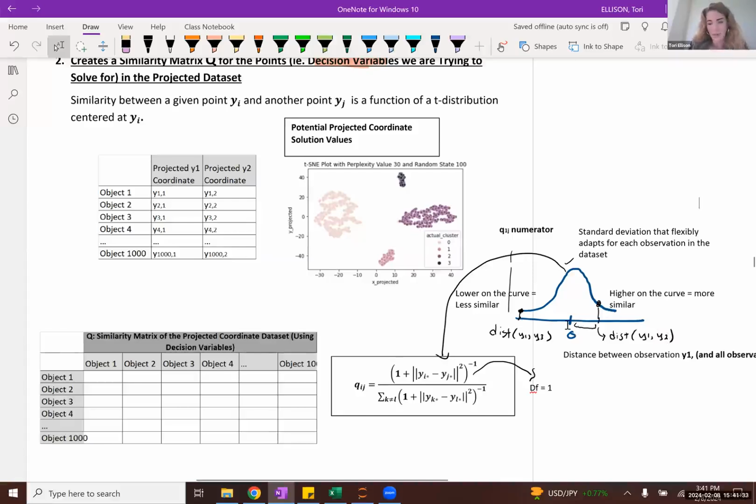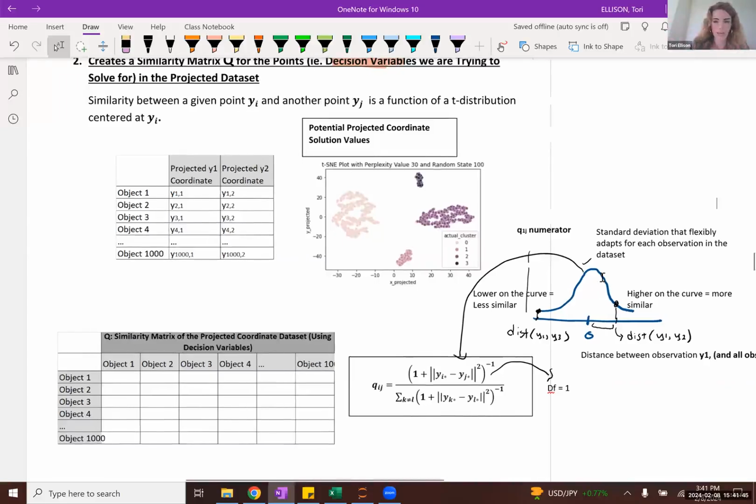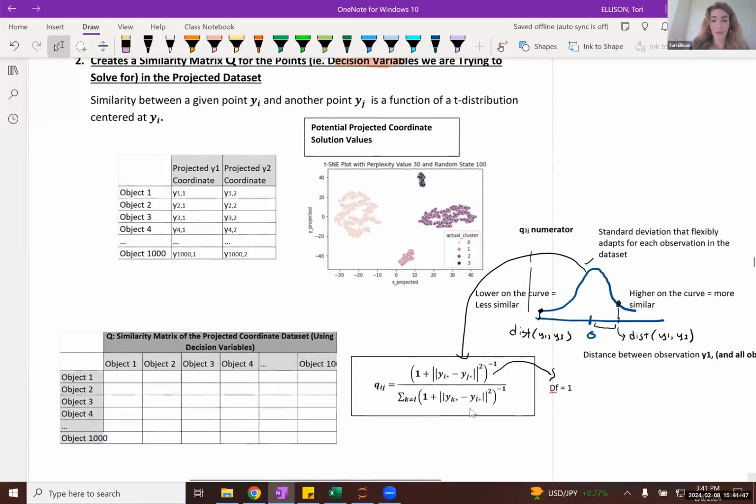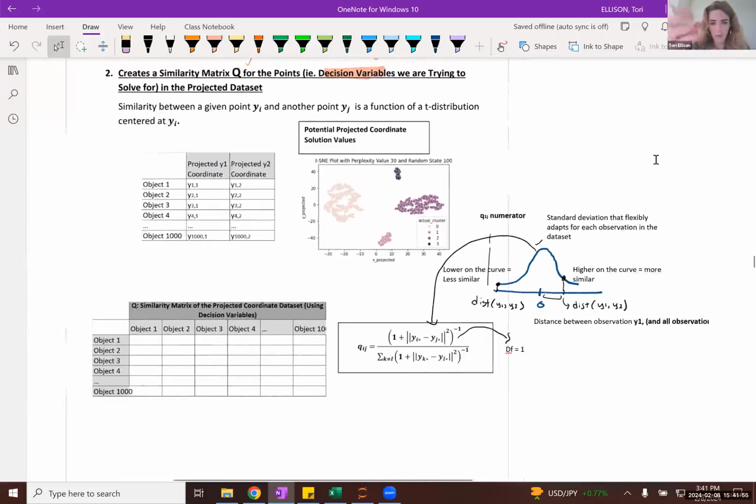And however high up on the curve that distance is dictates the similarity observation 1 and observation 2 have to each other in the projected coordinates. And then we also perform a normalization step for each of these observations. So that's the way that we come up with the similarity matrix for the decision variables.